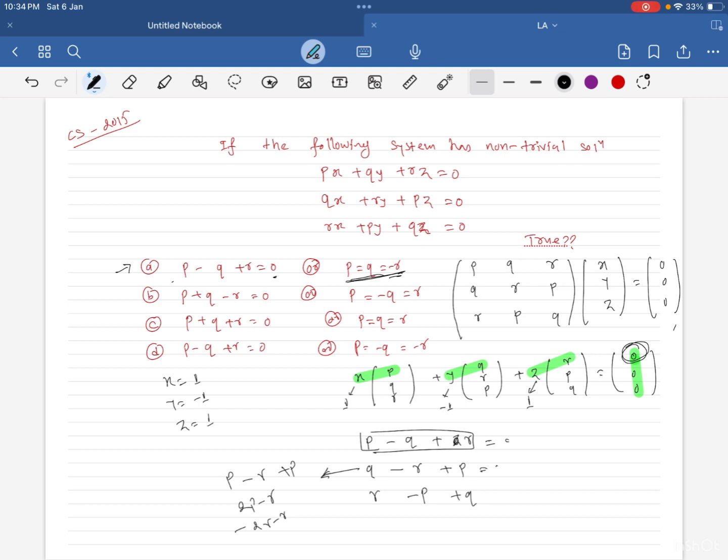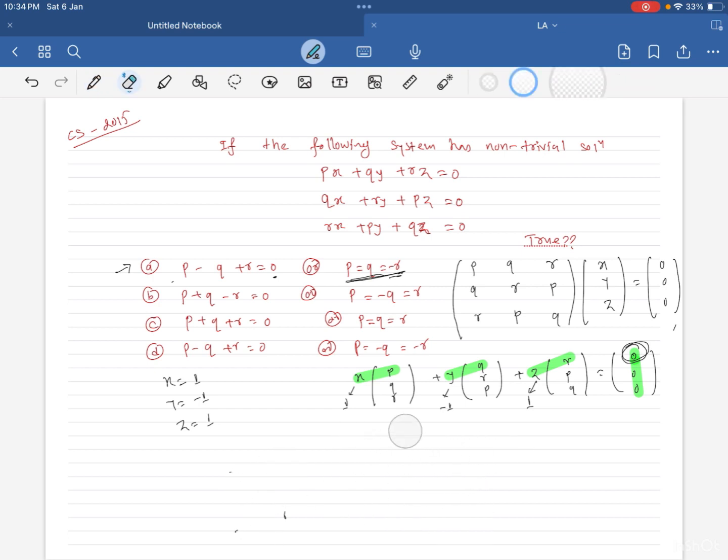Okay, so I think we will get 0 when we pick option C, right?